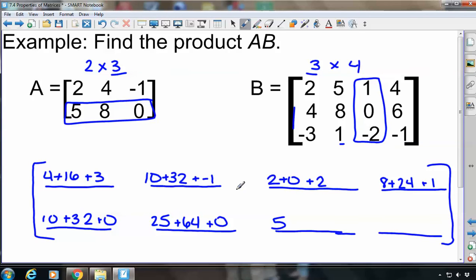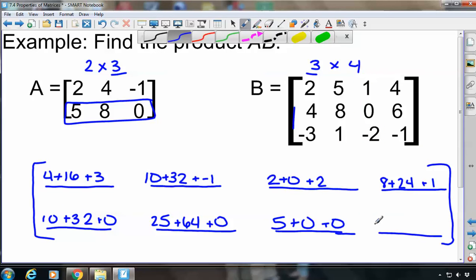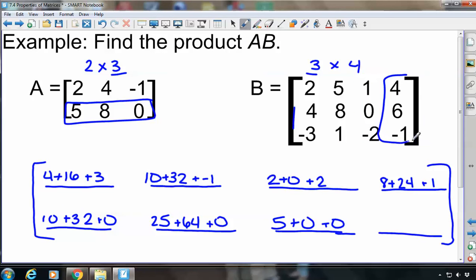So 5 times 1 is 5. 8 times 0 is 0. 0 times negative 2 is 0. And last, row 2, column 4. So 5 times 4 is 20. 8 times 6 is 48. And 0 times 1 is 0.